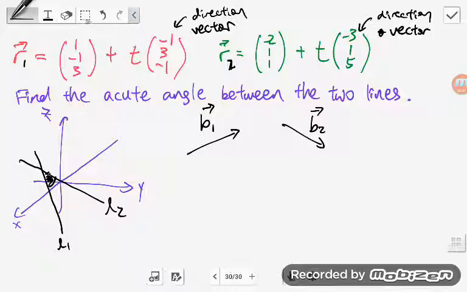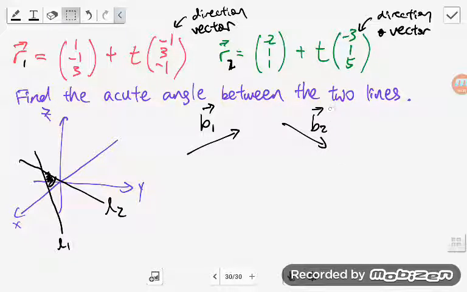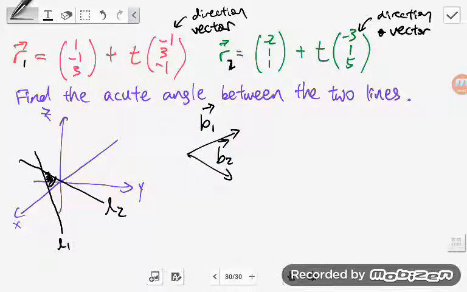If I want to find the angle between them, all I have to do is put these direction vectors together and find this angle, right? That's it, right? Because my first line would be something like an extension of this, and my line 2 will be an extension of that.